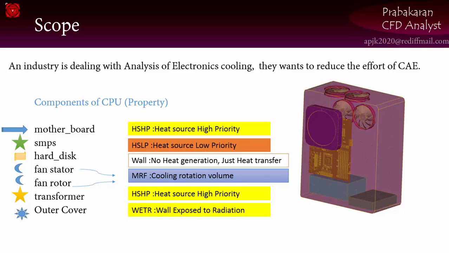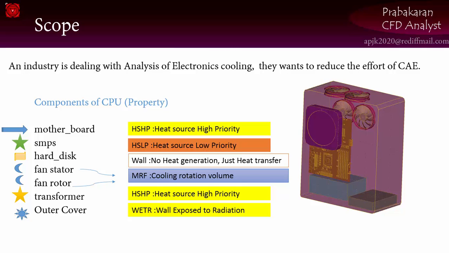So they are changing each and everything from one place to some other between the models, and based on the CPU capability, they may have 8 fans or 10 fans, 2 boards and 2 hard disks. So these are the things we commonly encounter in electronic cooling.